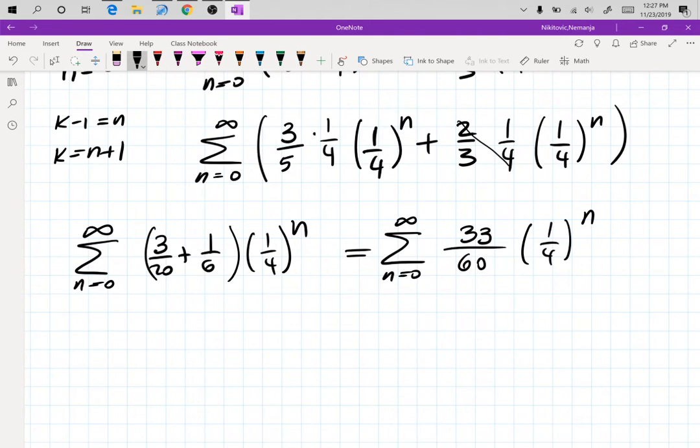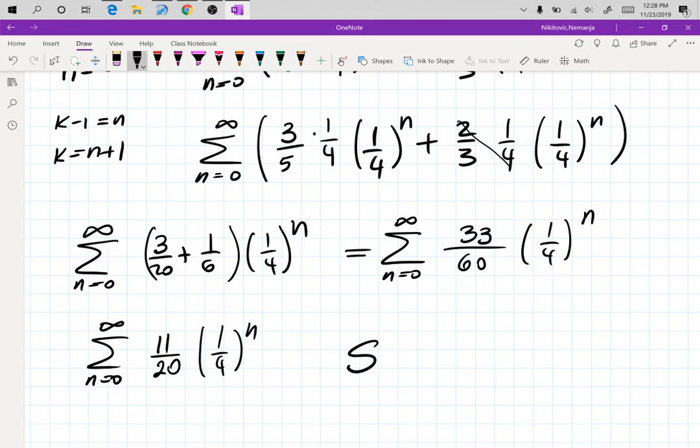So now we're looking at the series n goes to infinity, 11 over 20 divided by 3, right? And then 1/4 to the n. Isn't it just 19 over 60? What happened? 19 over 60. Is it 19, not 33? Why is it 19? 3 over 20 times 3 over 3, and then 1 over 6 times 10 over 10.